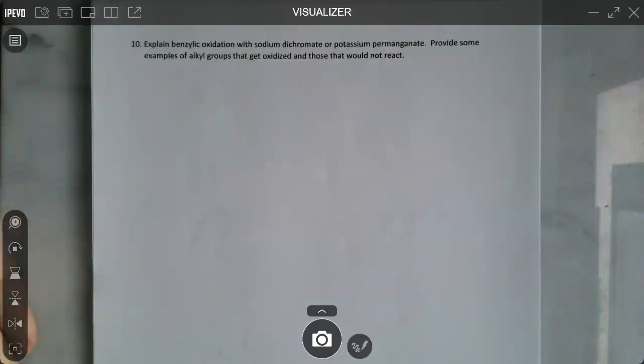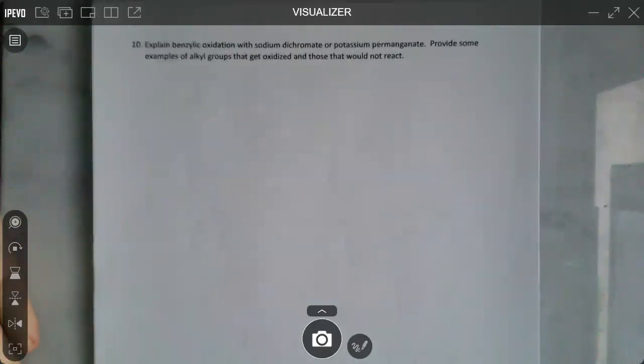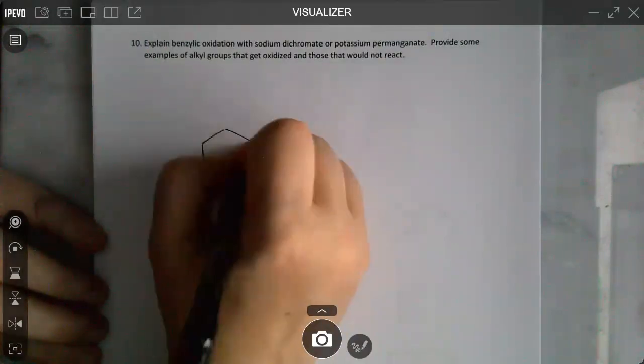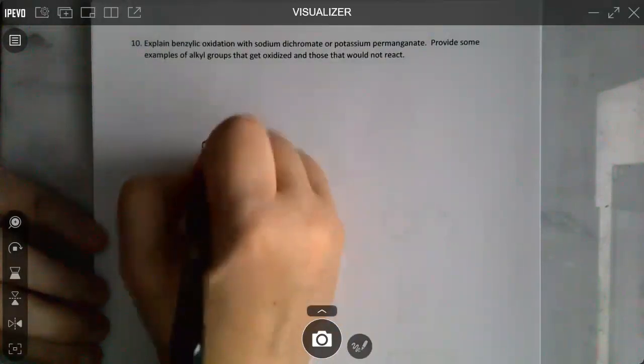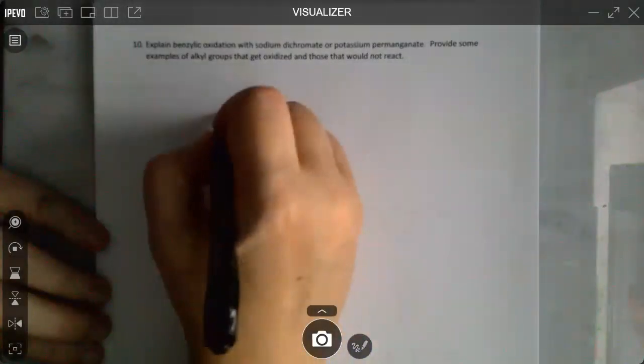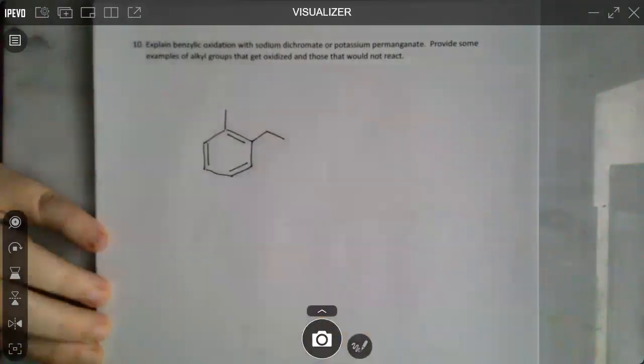All right, the next question asks about benzylic oxidation with sodium dichromate or potassium permanganate, and it asks for some examples of alkyl groups that get oxidized and those that would not react. So sometimes it's just more efficient to draw one example with a bunch of different groups attached. So let's say we had a methyl group, or an ethyl group.